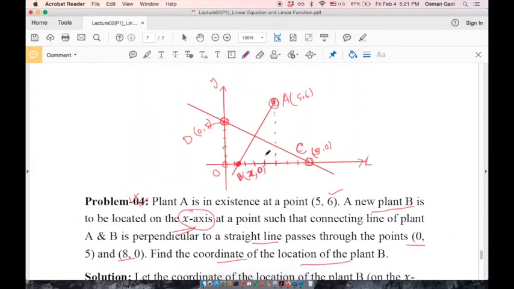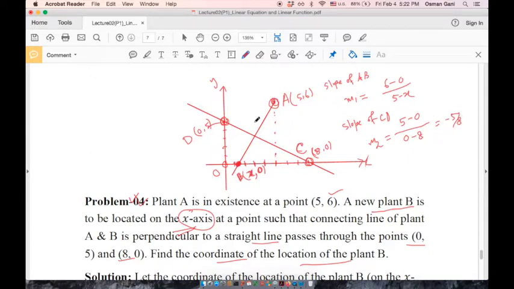Let's say M1 is the slope of AB, which is (y2 minus y1) divided by (x2 minus x1), and let's say M2 is the slope of CD, which is y2, say 5, minus y1, 0, over x2 minus x1, 0 minus 8, which is equal to minus 5 by 8.